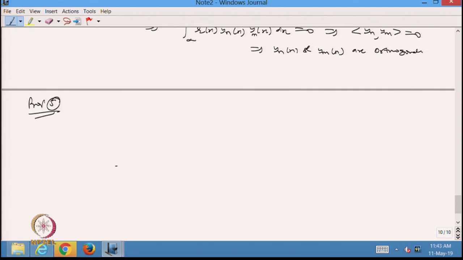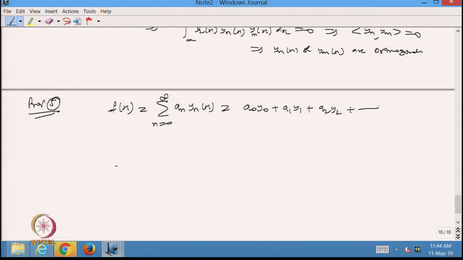Okay, so then the property number 5. This is another property I just want to discuss here. We have a function f x, any real function f x which is continuously differentiable, and I am writing this function as the summation of a n y n x, from 0 to infinity, like a 0 y 0 plus a 1 y 1 plus a 2 y 2, like this.